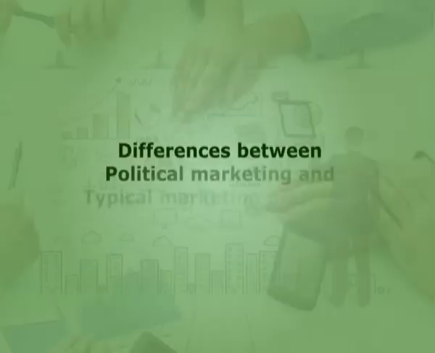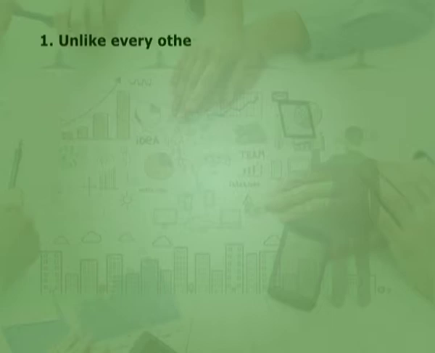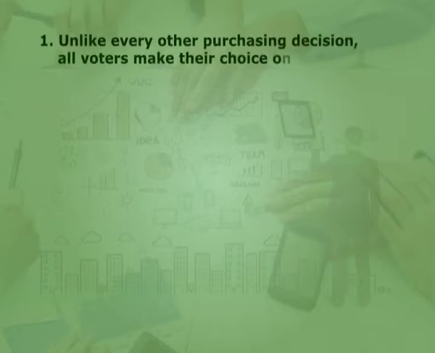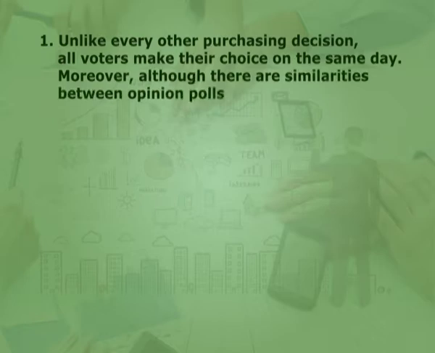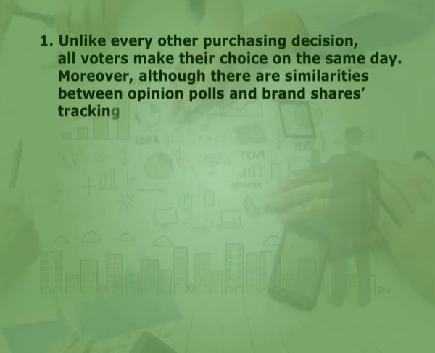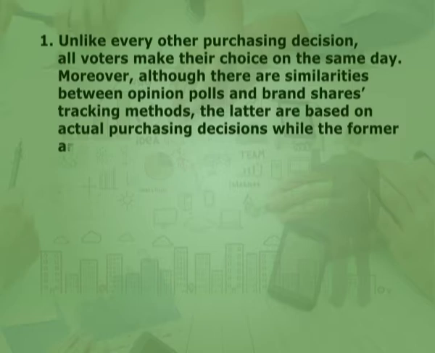There are certain differences between political marketing and typical marketing practices, which include: first, unlike any other purchasing decision, all voters make their choice on the same day. Moreover, although there are similarities between opinion polls and brand share tracking methods, the latter are based on actual purchasing decisions, while the former are based on hypothetical questions.